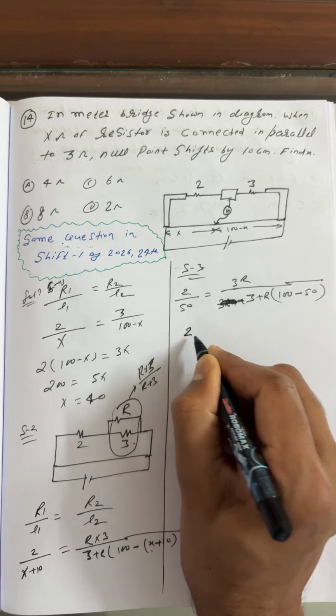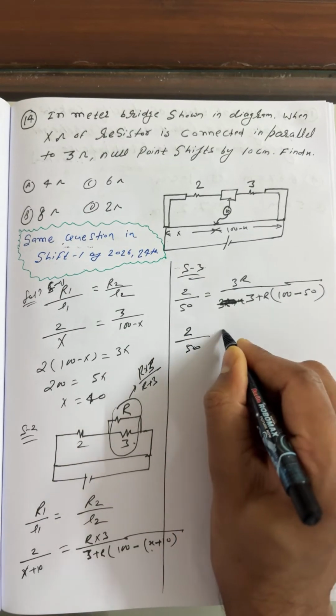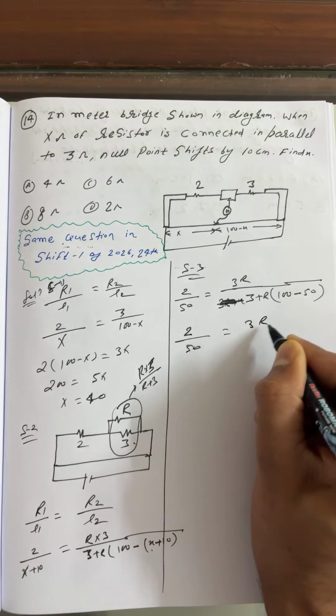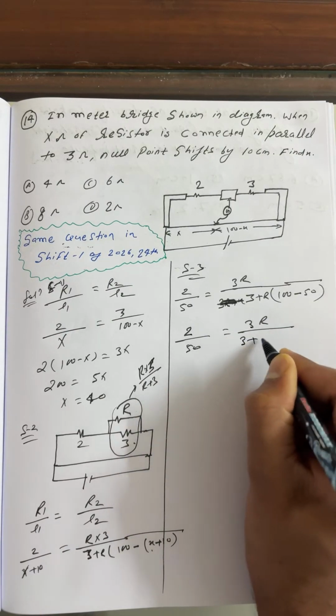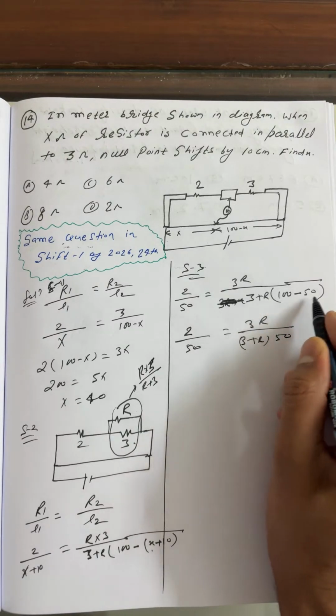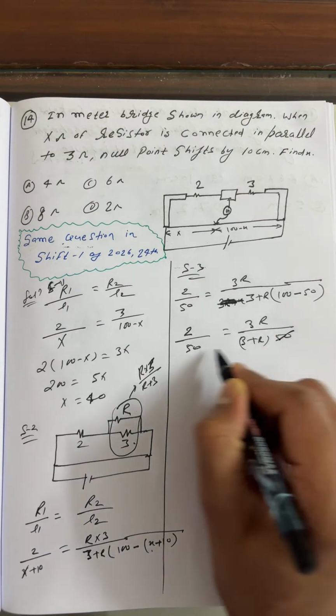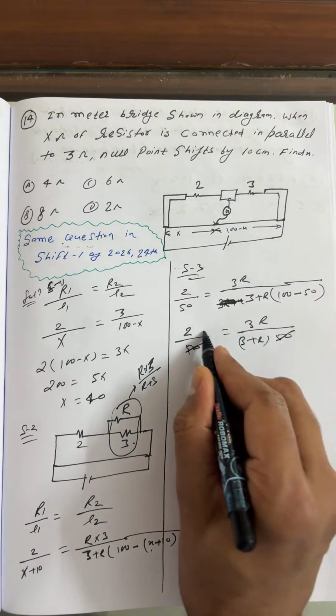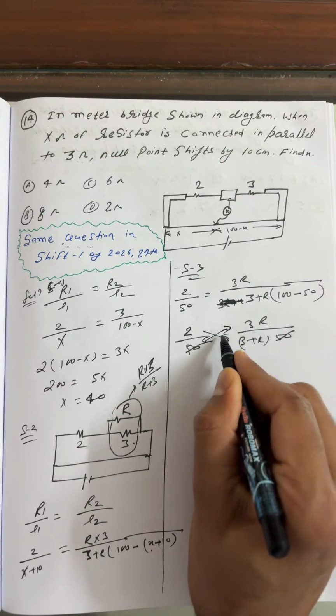This is 2 upon 50 equals 3r upon 3 plus r. This remains 50 here, 100 minus 50, 50 only. You can see this cancels. So just do cross multiply.